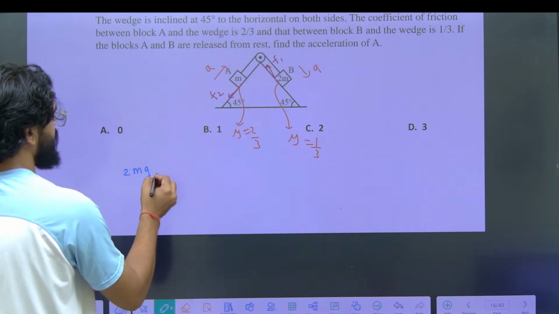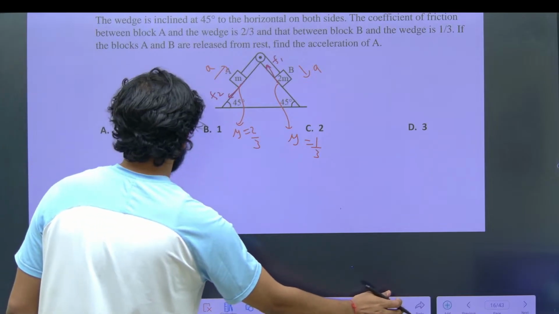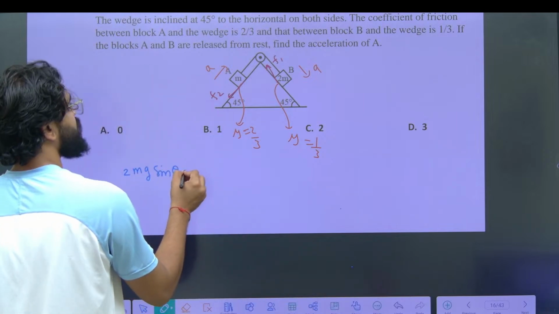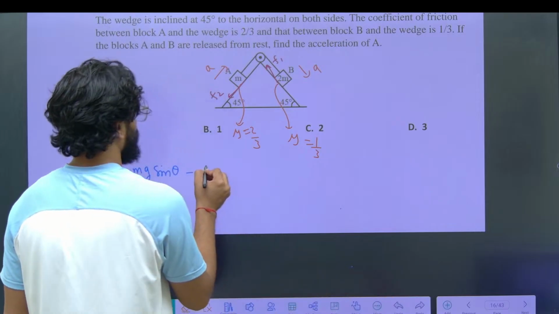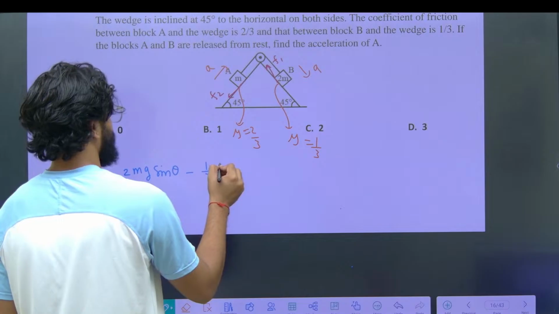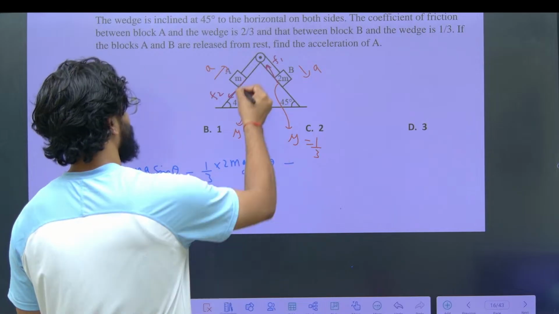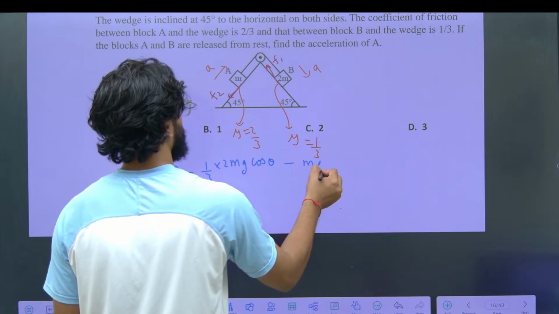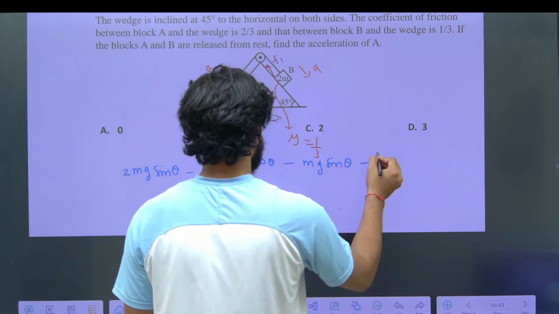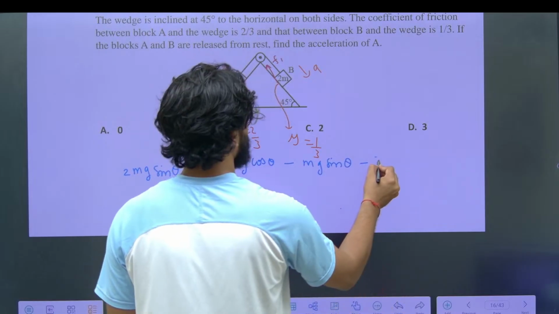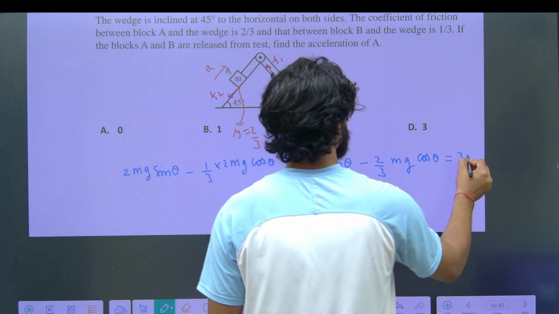So can we write 2mg cos theta minus 2mg sin theta minus f1, which is mu, 1/3, into 2mg cos theta, minus, because mg sin theta will be over here, minus mg sin theta minus mu, which is 2/3, mg cos theta equals 3ma, right?